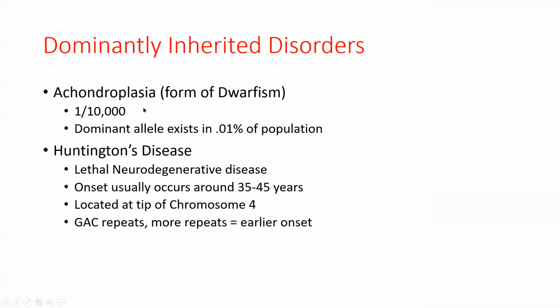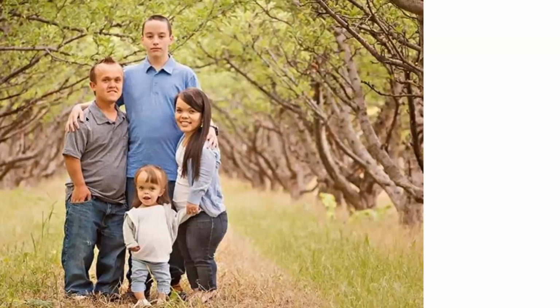But because achondroplasia is a dominant condition, it means that both of these parents are heterozygote for achondroplasia. And since they're heterozygous, they can pass on 1 gene of achondroplasia to their daughter, and she has that type of dwarfism, or they can pass on 2 normal genes to their son, and their son grows to perfectly normal height.